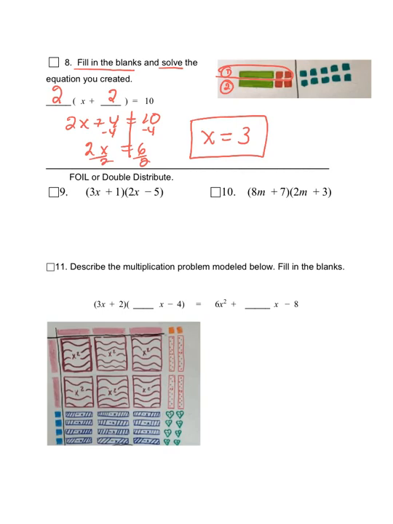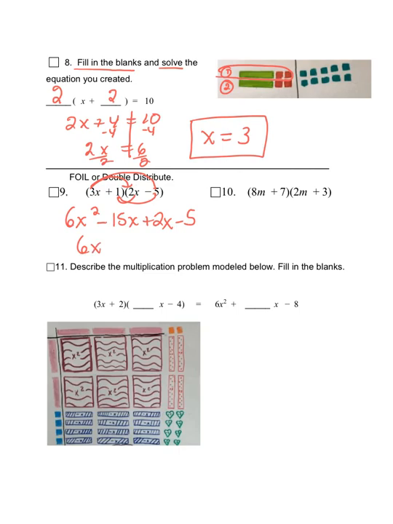If we do FOIL, first we get 6x squared, outer negative 15x, inner plus 2x, and last is negative 5.